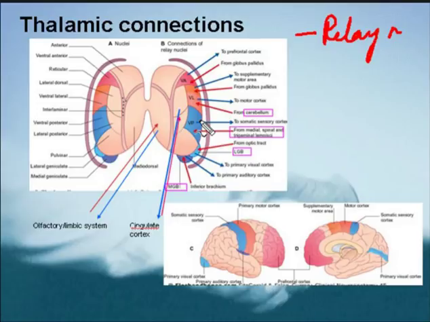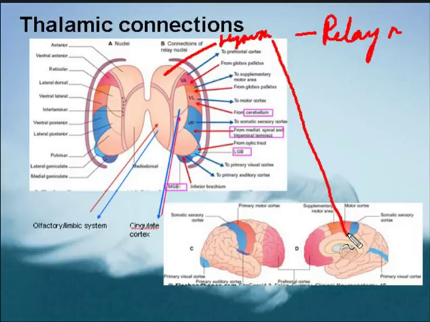This anterior group, which is up here, has connections with the hypothalamus. And from the hypothalamus, it goes to the cingulate gyrus. So that's how it is connected to the limbic system. This plays a role in memory, visceral reflexes and emotions.